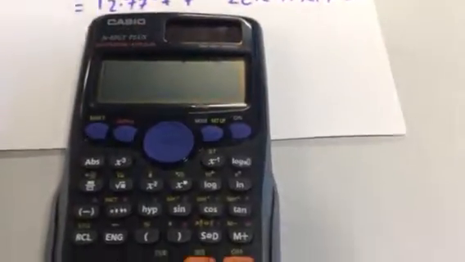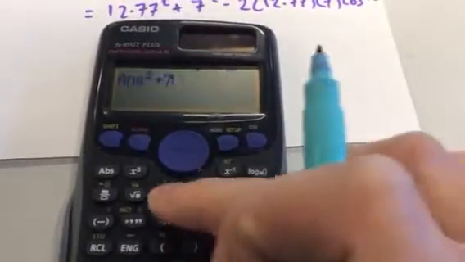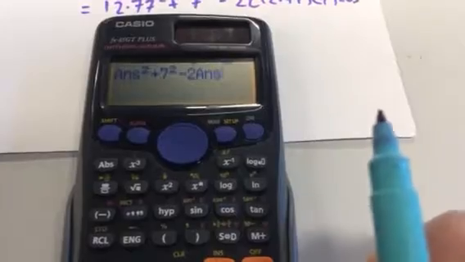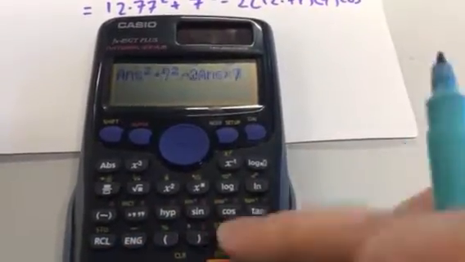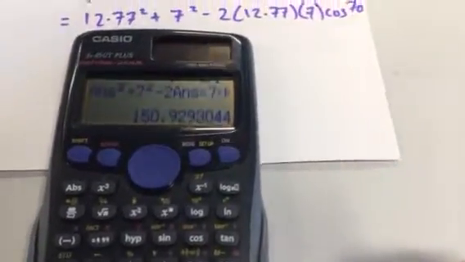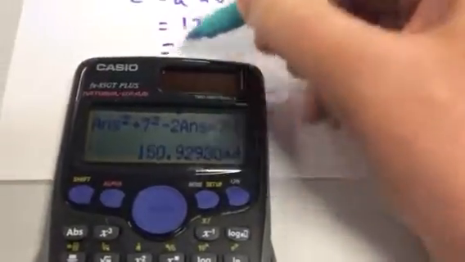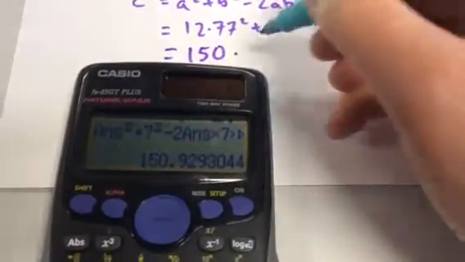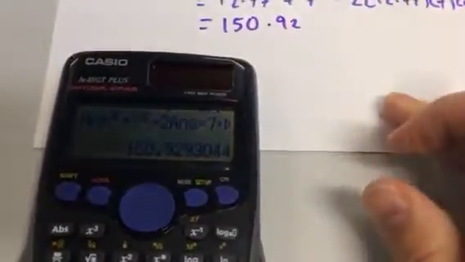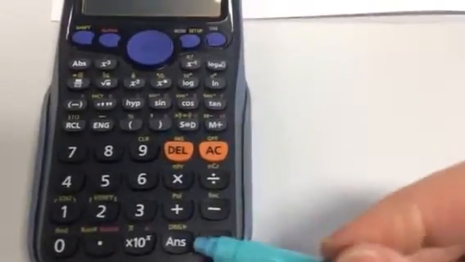So I'm going to use answer squared plus 7 squared minus 2 times the answer times 7 times cos of 70. That should give me an answer equals 150.92.